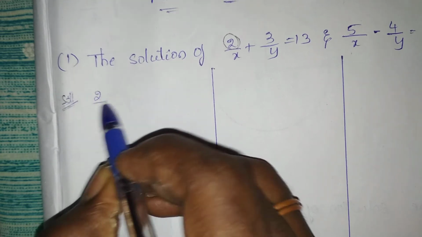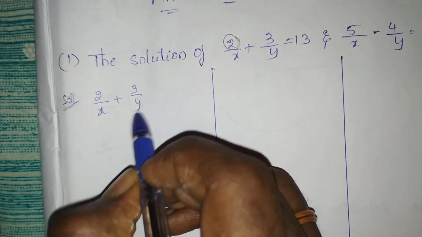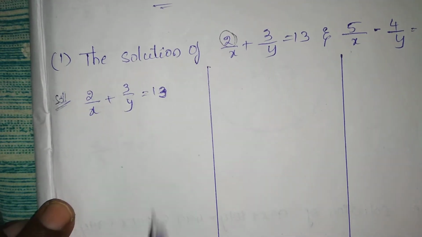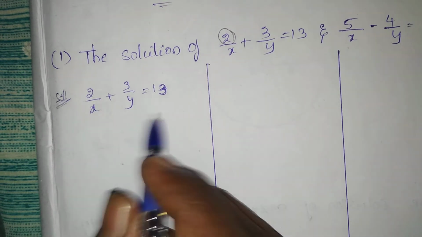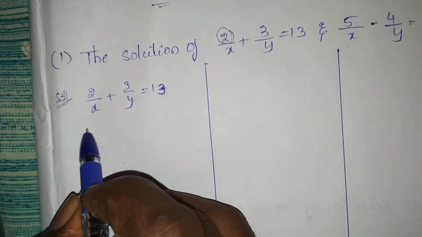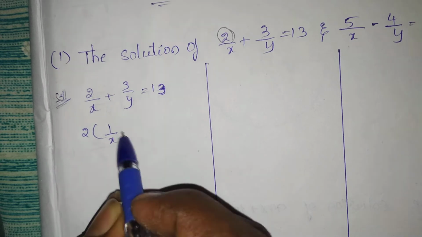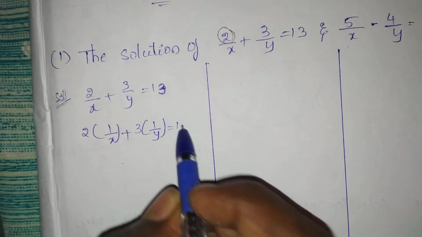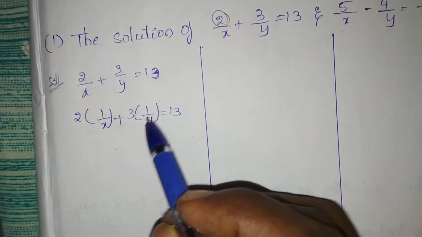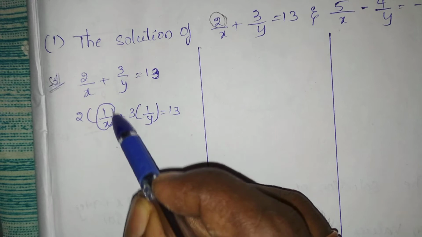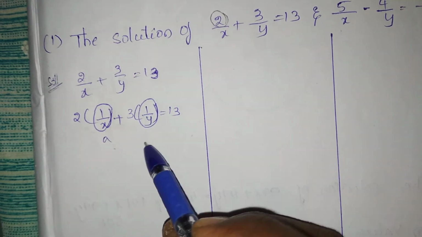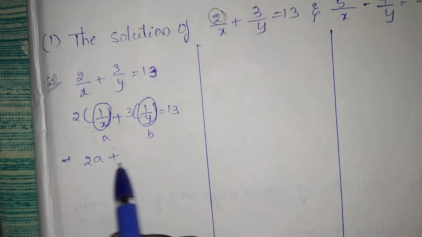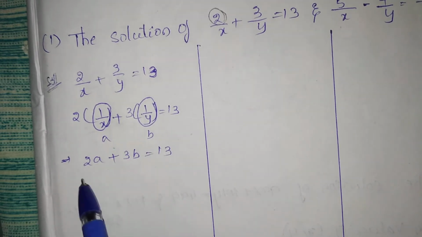Given data, here I am taking the numerator outside from this given equation. I am considering 1 by x as a and 1 by y as b, so that it becomes the equation 2a plus 3b is equal to 13.